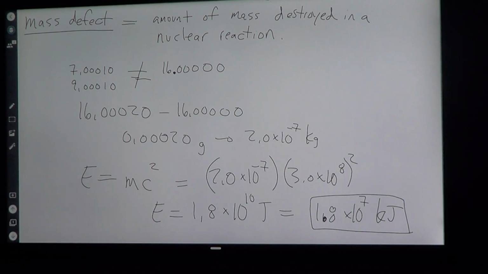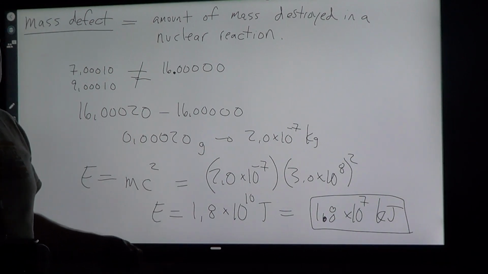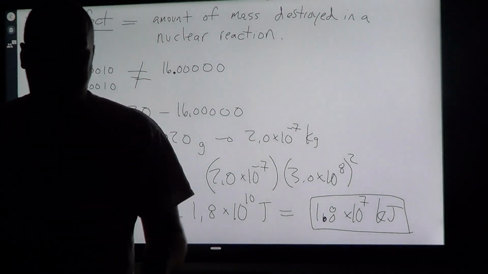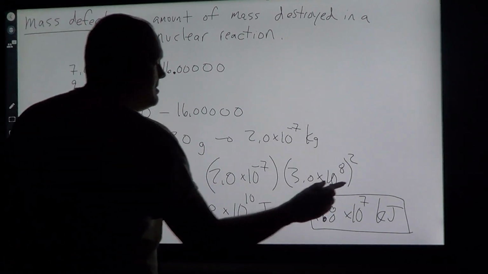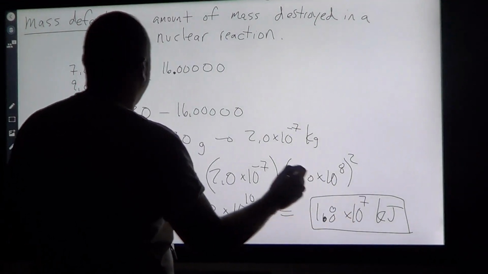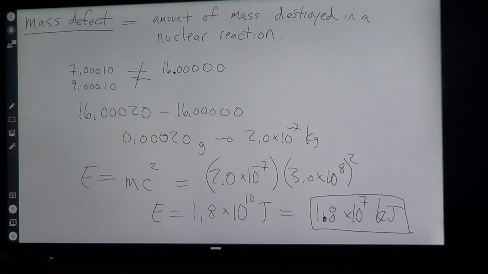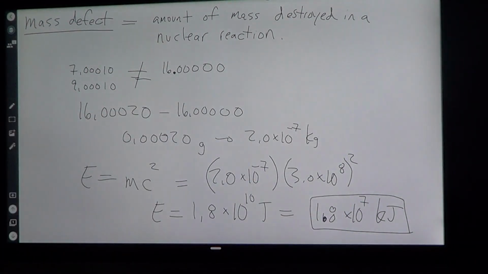And if you remember from back in the thermochemistry chapter, most of our chemical reactions generate maybe 100 kilojoules. And so you can see this number is very, very large for a very, very small amount of mass that goes missing, which is why nuclear reactions always generate massive amounts of energy compared to chemical processes.